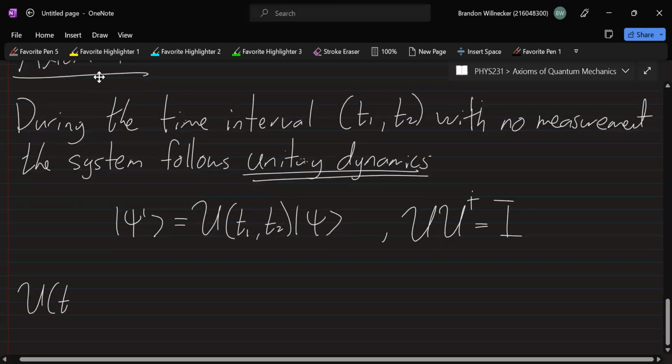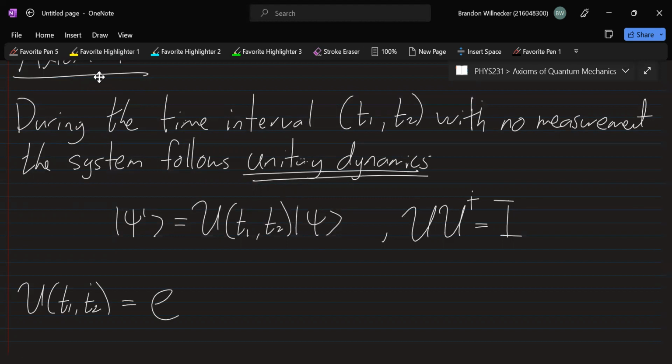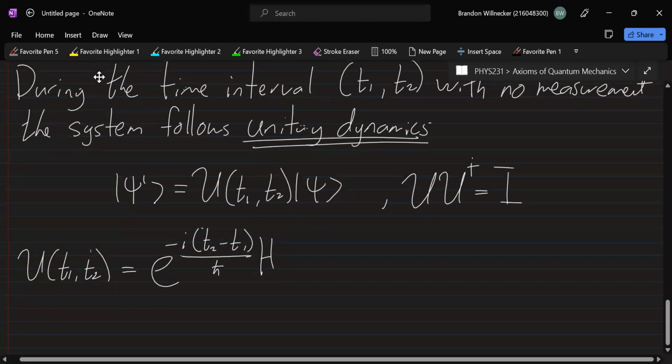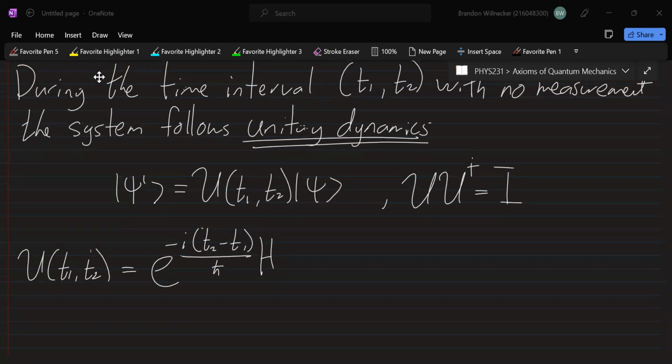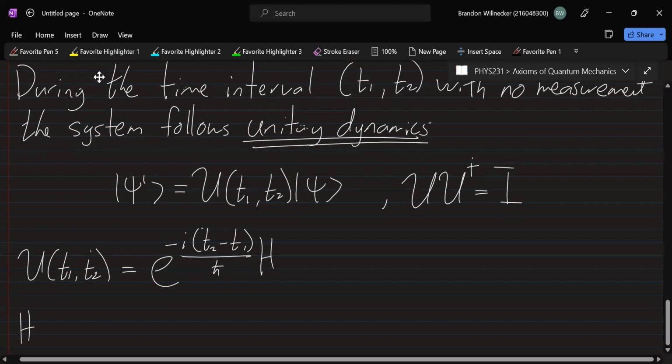So U of T1, T2 is equal to e to the minus i (T2 minus T1) over h bar times H, where H is the Hamiltonian operator or the energy operator. That is the self-adjoint linear map corresponding to the energy observable.